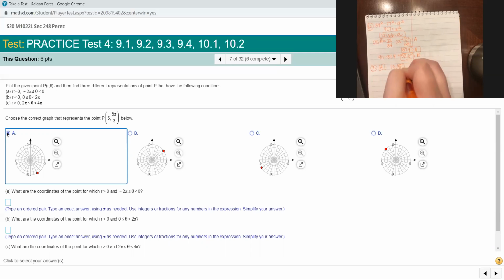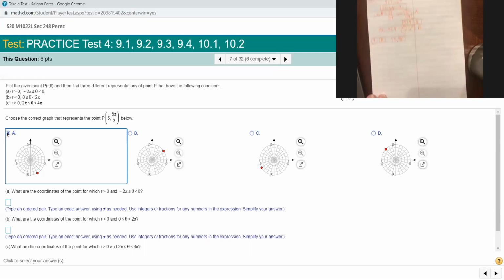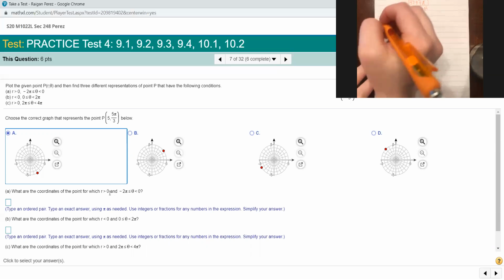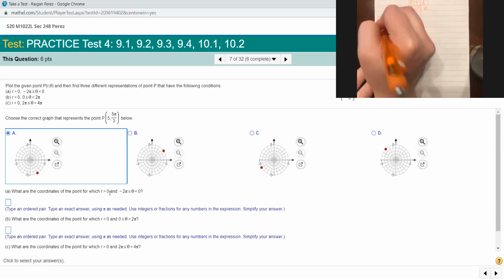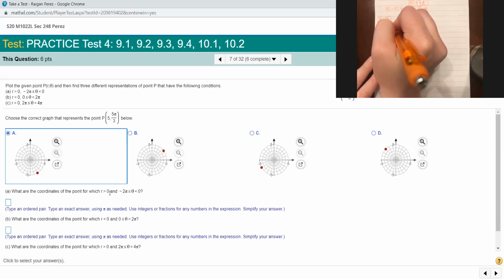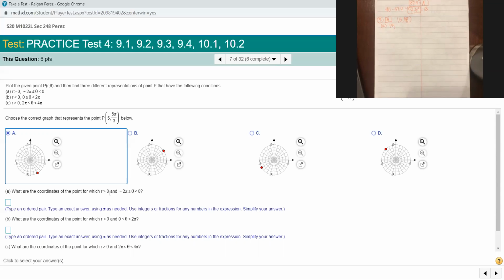And remember, if the R is negative, you go in the opposite quadrant. And make it straight. Okay, what are the coordinates when R is greater than theta? So R is still positive. So this is part A. So I know that my R is still 5. And now it's saying that my angle is negative. Well, it's got to be what goes right here.